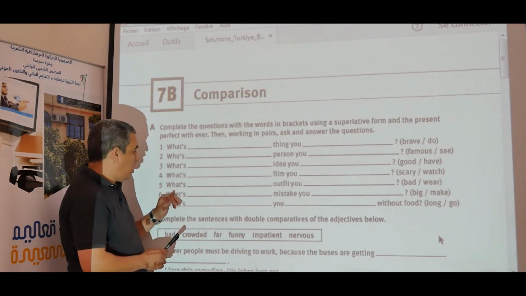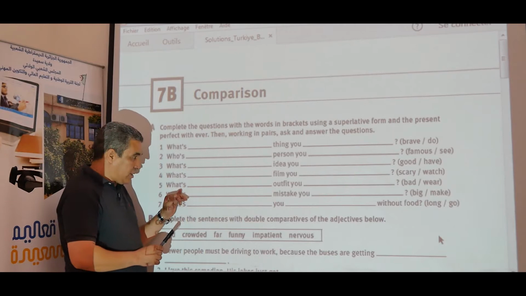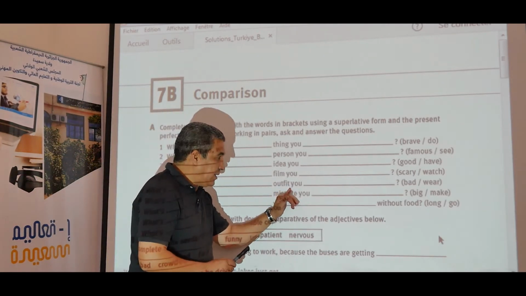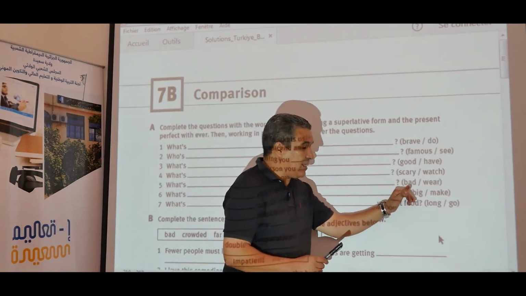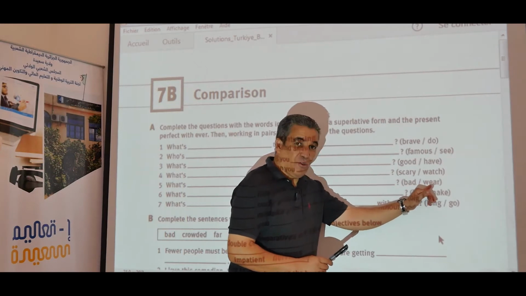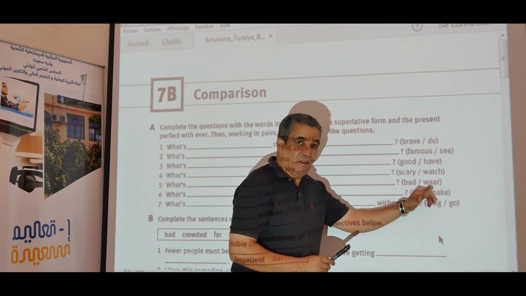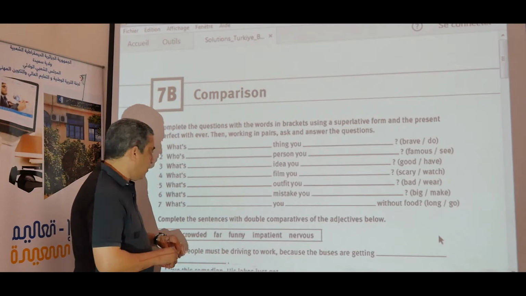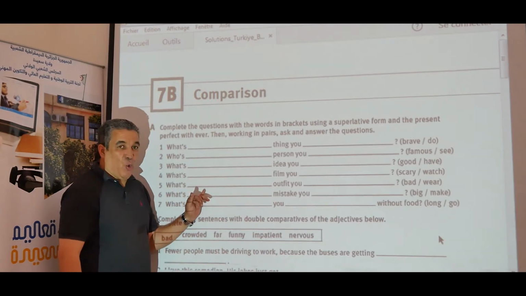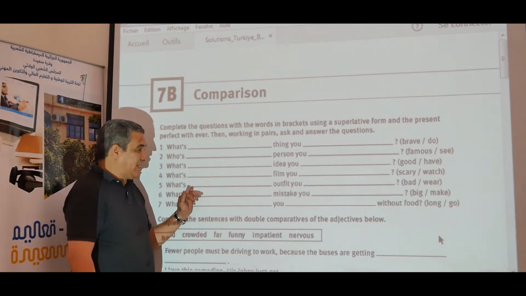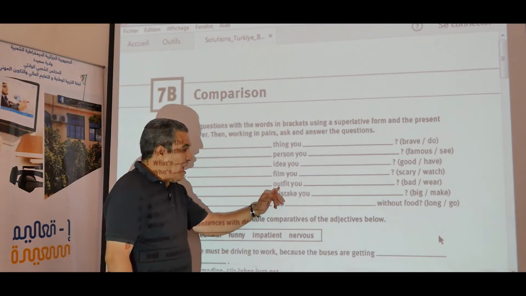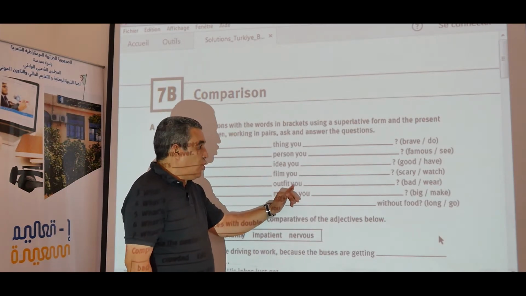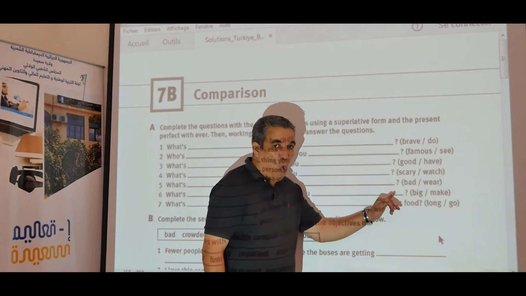Number five, we've got bad, the adjective, and the verb to wear. So, what's the worst outfit you have ever worn?